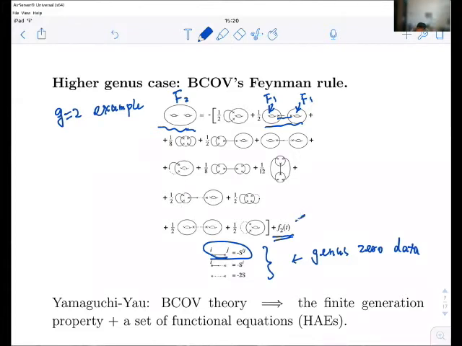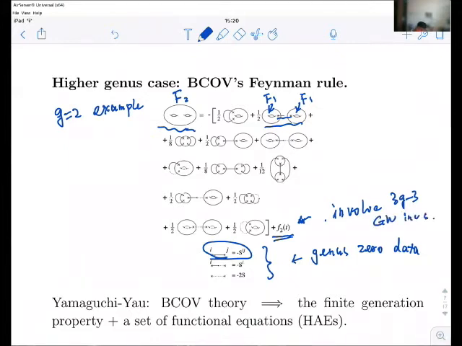This only involves 3G minus 3 initial data.